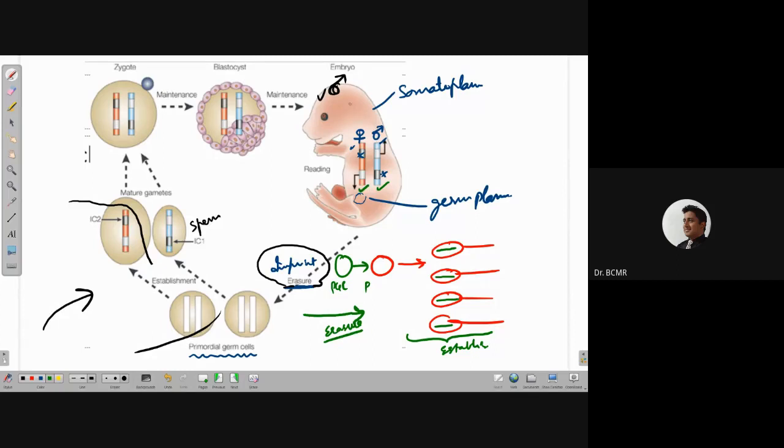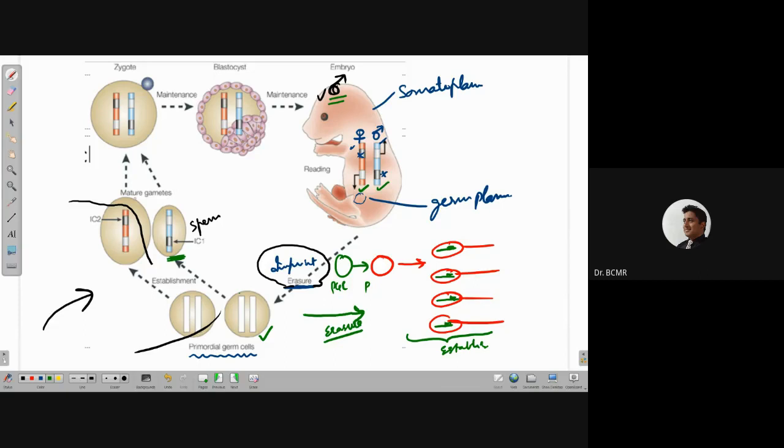And I also said that this individual is a male. What would you expect then? The imprint that all the cells coming from this particular cell have should be something like this. All of them should have only one type of imprint based on the sex.